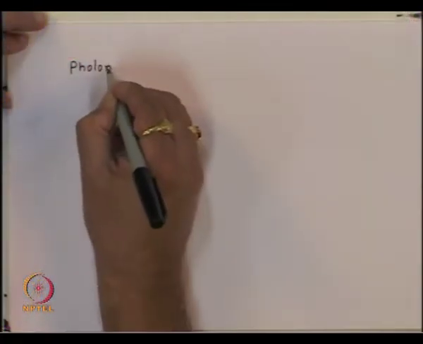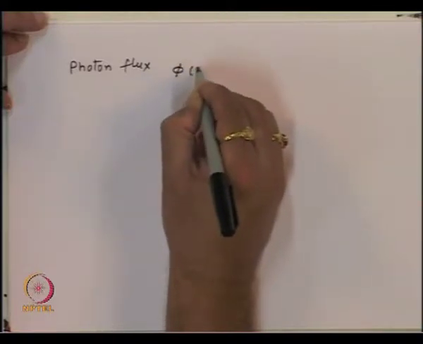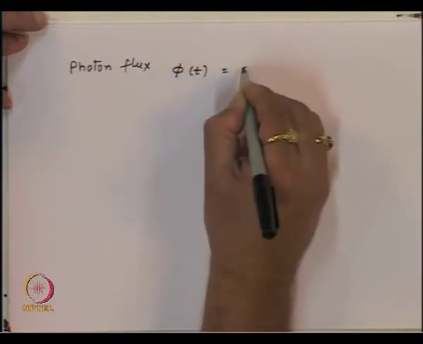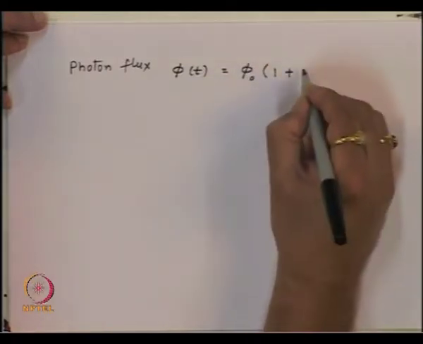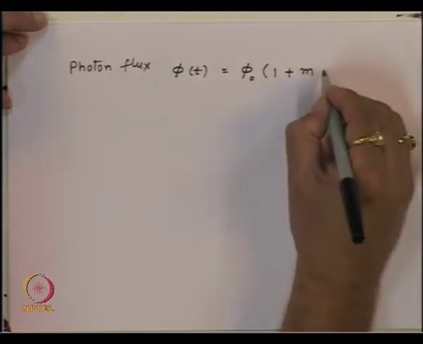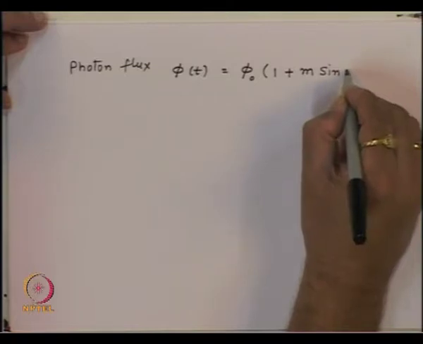So we are having a photon flux which is amplitude modulated with a modulation index m and some frequency omega. So let us say we are having a photon flux which is given as phi of t, which is equal to some amplitude phi 0 into 1 plus the modulation index m into sine of omega t.